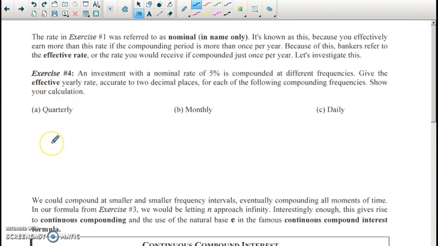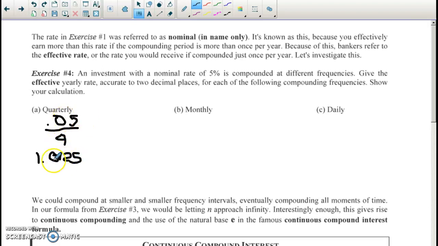So if I was going to get 5% compounded quarterly, that would be 0.05 divided by 4 times a year. So this would now give me an effective rate, my growth rate now in my problem would be 1.0125, because that's what I would get.